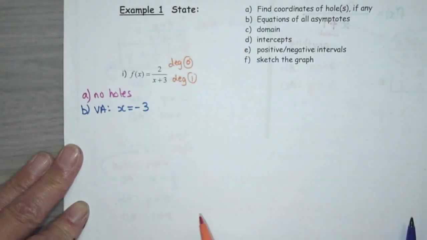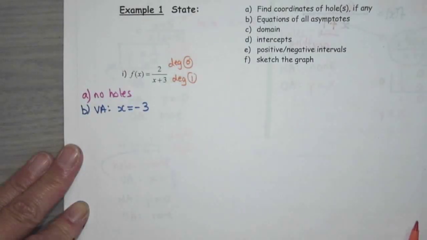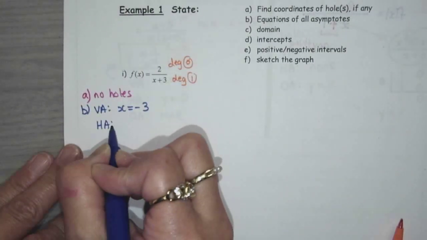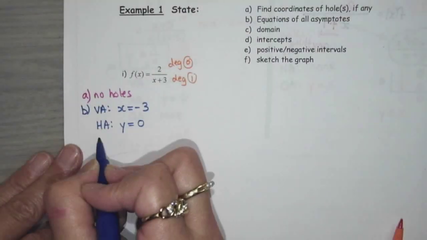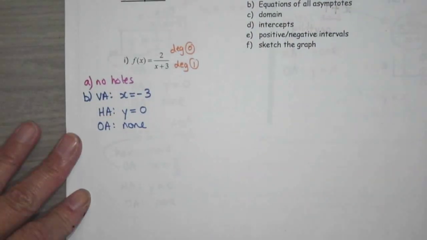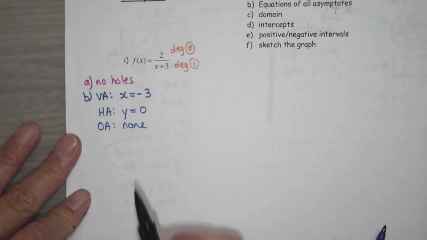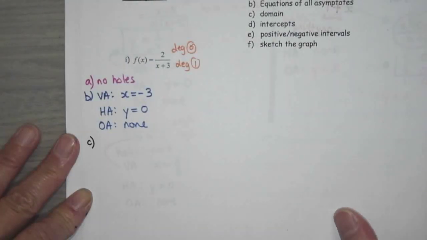So it's 0 to 1. Higher on the bottom, bigger number on the bottom. It's going to pull my horizontal asymptote to 0. If there's a horizontal, there is no oblique. None. Good? All right, next one. C. Domain.